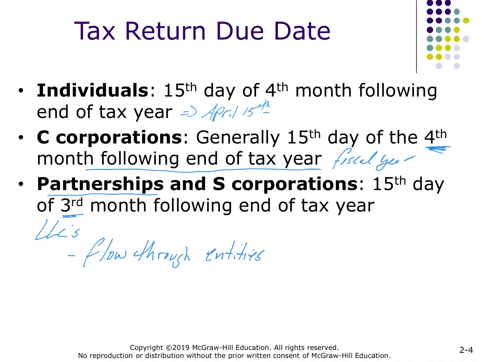And so flow-through entities actually file an information return and Schedule K-1s, and we'll talk more about this in Chapter 15, okay? Those K-1s feed into individual tax returns of the owners.